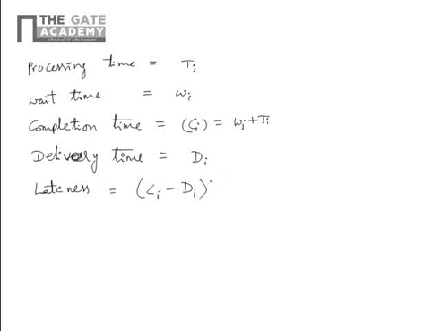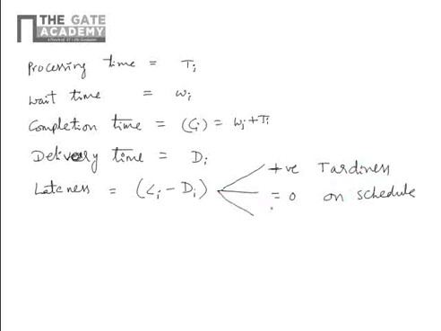So if this value is positive, then it is called tardiness. Tardiness or lateness, both are the same. If this value is equal to 0, then the job is on schedule, the exact schedule, whatever you are planning. Negative means early job.